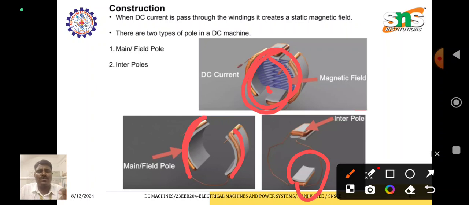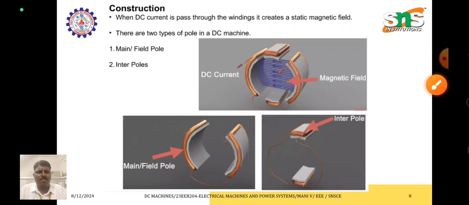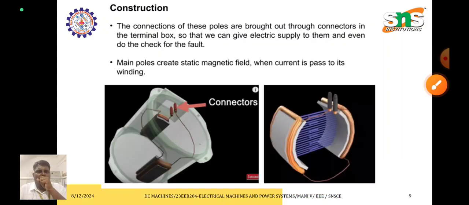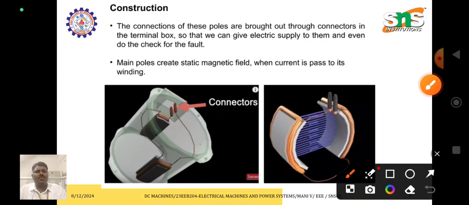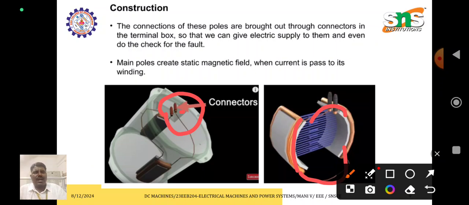The interpoles are used to avoid the escaping of fluxes from the commutation process. And these are the connections. We are linking the field windings: the first field winding is interconnected with the second, and again it will be connected like this. So this is the connection of field winding for the continuous process.